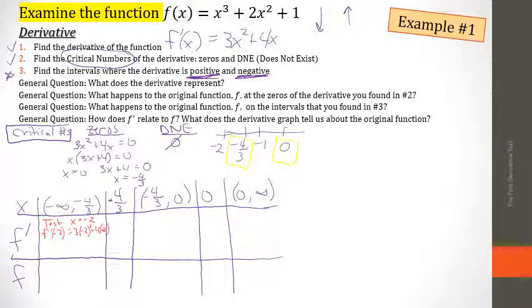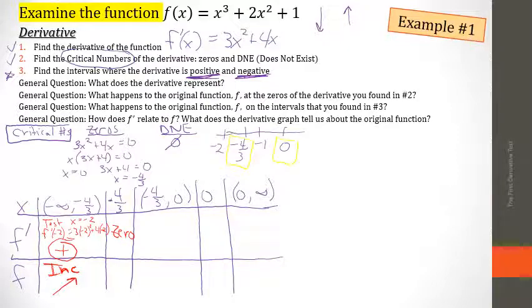And that's going to be a positive number. So the derivative is positive in that interval. Well, if the derivative is positive, what does that mean the original function is? It is increasing, or it's going up. What happens at negative 4/3? The derivative is 0. Okay.